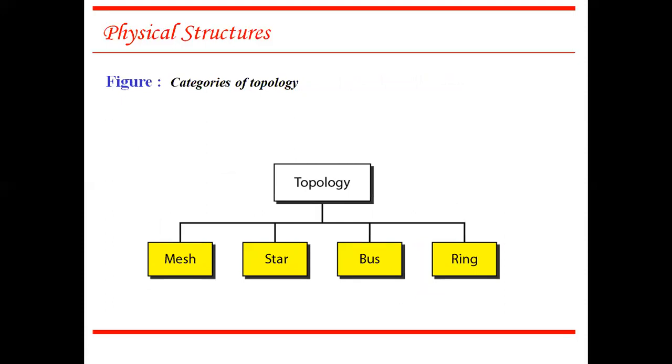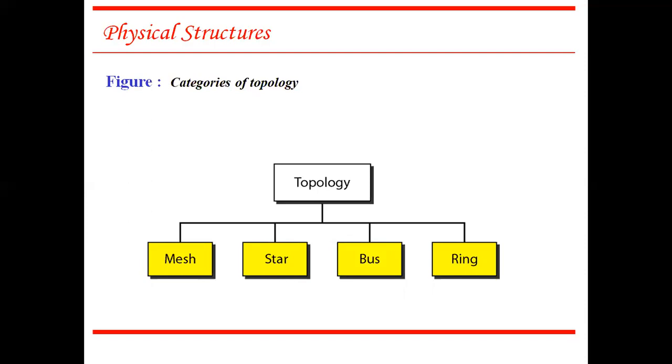Under the physical structures, another concept is the physical topology. The physical topology refers to the way in which a network is laid out physically, with two or more systems connected to a link. Two or more links form a topology. That is, the arrangement of nodes in a particular order is called the topology.